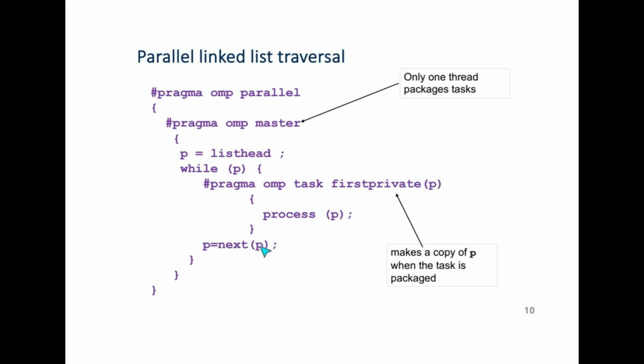Because otherwise, the master thread is going to carry on traversing the list and modifying P. So if P were a shared variable here, we'd have a race condition, and the task would potentially, or most likely actually, pick up the incorrect values of P that the master thread had carried on modifying.